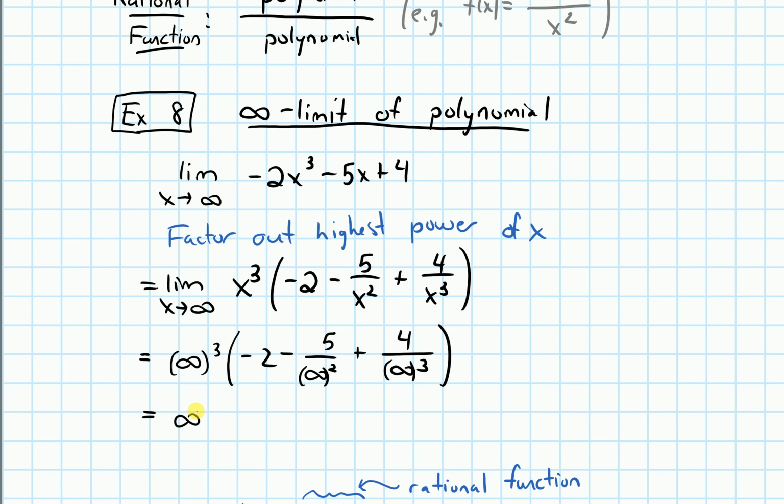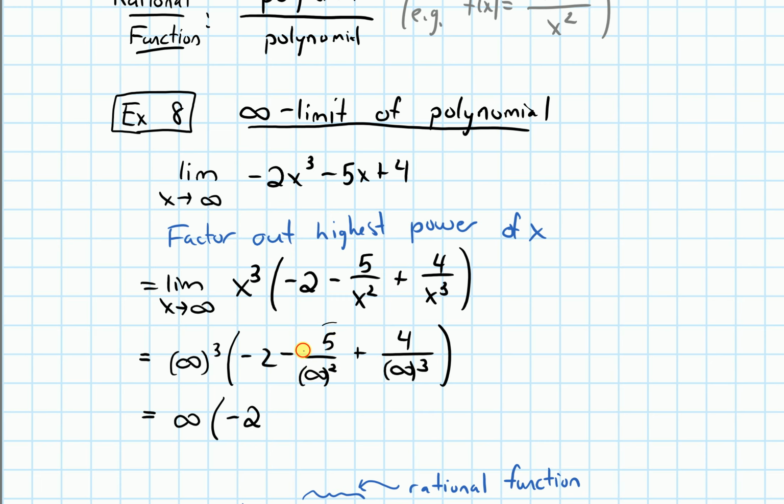So that's infinity, and then negative 2 is going to be negative 2. When we have 5 over infinity squared, that's 5 over infinity. That's like saying we have $5, and we're going to divide that up amongst an infinite number of people. The more people that you divide that $5 among, the less each person gets. So 5 divided by a huge number is going to be really, really small, something really close to 0.